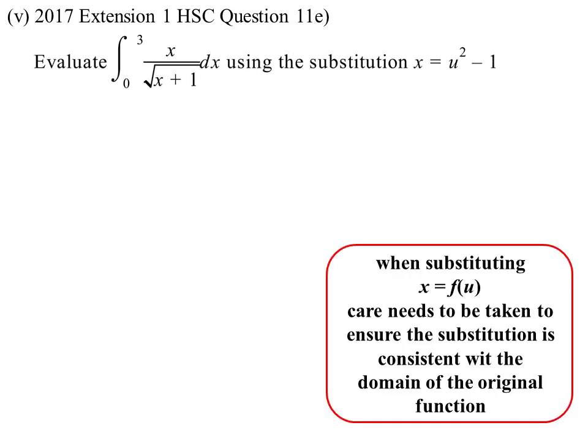Okay, 2017. This one's another way we can do the substitution. Instead of substituting u equals, they actually make it x equals, and you sub straight in for x. So x is u squared minus 1. When you do this, you've got to be careful with the domain. Now, here's not an issue. Remember what I was talking about the other day, if you have a discontinuity in the domain, the function value might be different on one side of the discontinuity as the other.